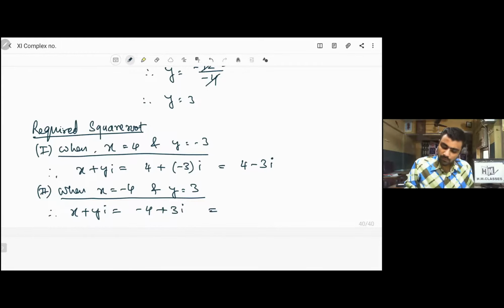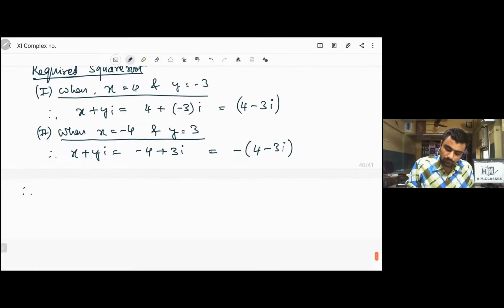Okay, if I take minus common, then it becomes minus of 4 minus 3i. So this is 4 minus 3i, with a plus outside. If I do the bracket, then outside the bracket there is a minus.